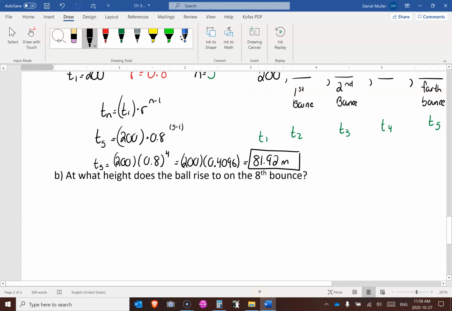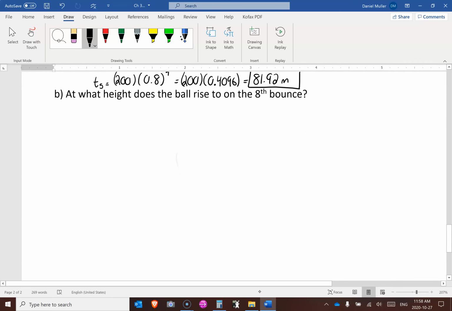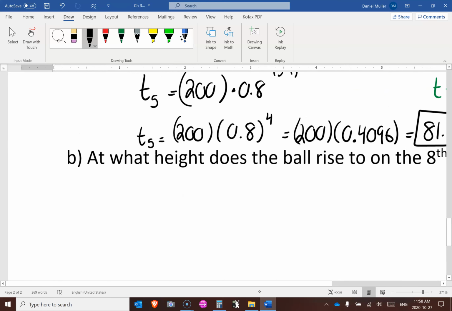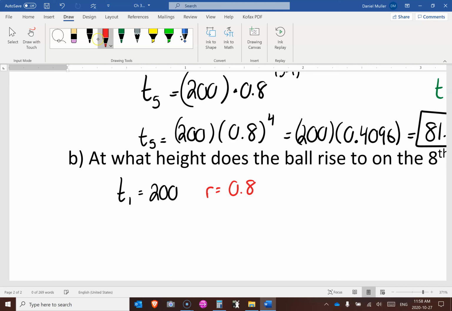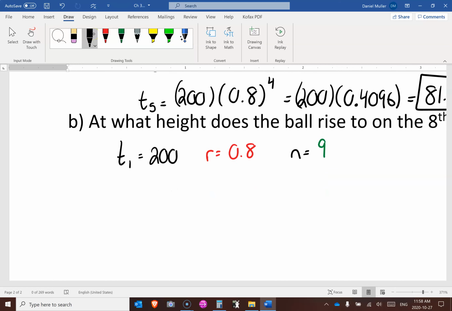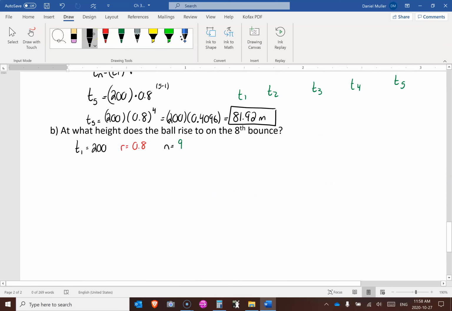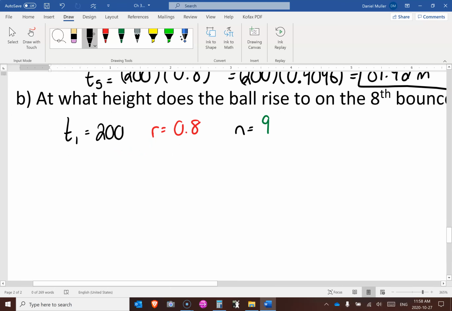What is the height of the ball on the eighth bounce? Same thing here. Our first term, T1, is 200. Our ratio is 0.8. And my n is the number of terms. If I'm looking for the eighth bounce, I'm looking at term number 9, so T9.